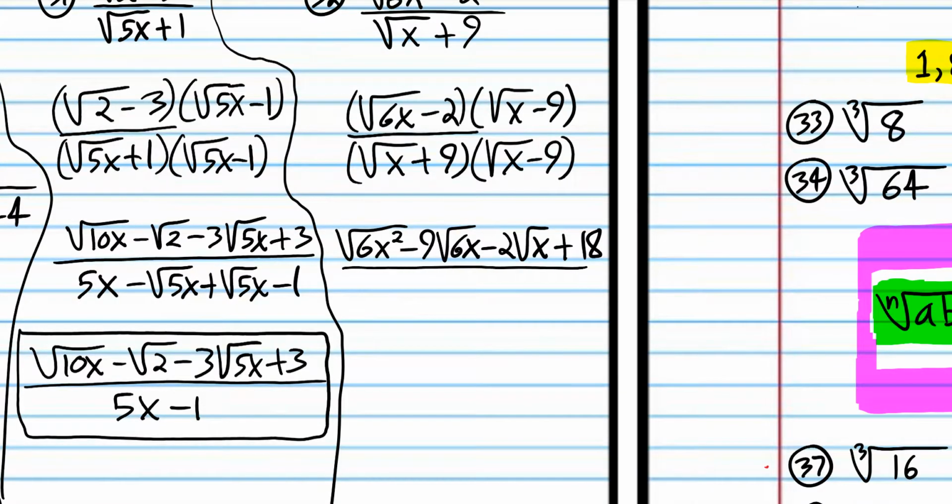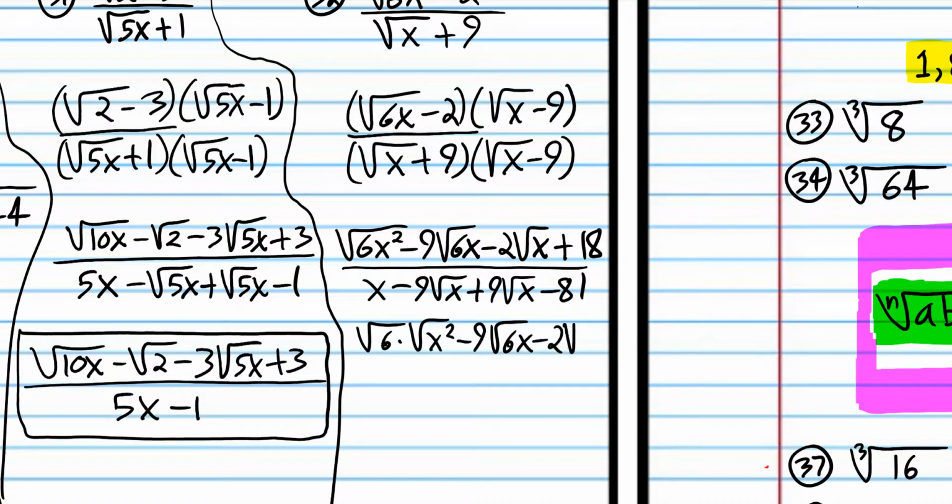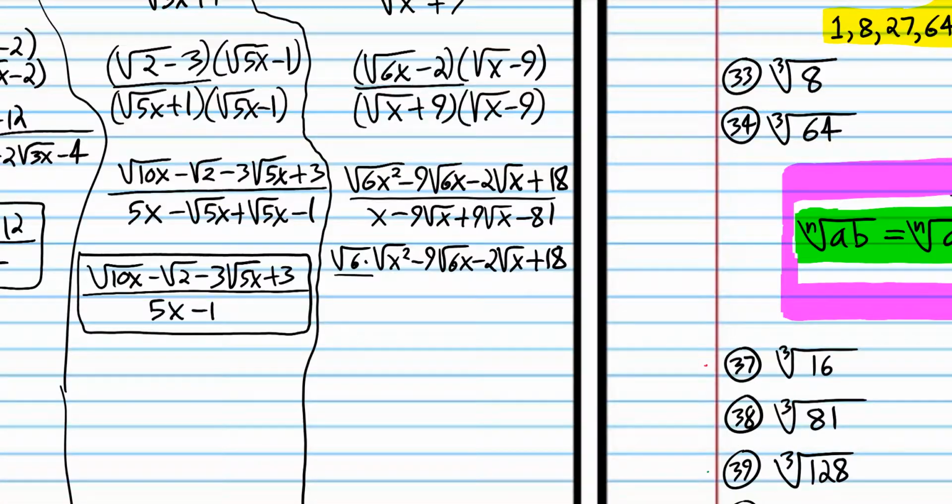FOIL the bottom, we have root x times root x, so the roots just go away. Minus 9 root x plus 9 root x, and then minus 81. And here we have a perfect square factor, so we can separate that, root 6 times root x squared. And I'm going to make more room here as we go. And the bottom, we have the inner terms cancel out, and you're just left with x minus 81.